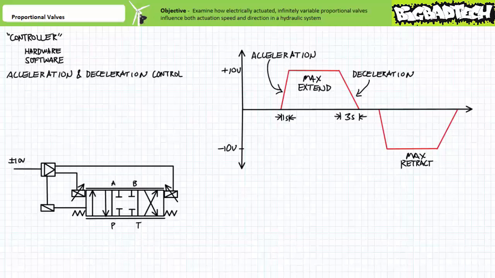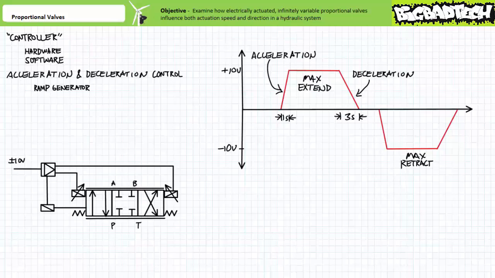This progressive increase or decrease in flow rate also directly lends itself to the controlled acceleration and deceleration of the applied load. The classic application example being the controlled acceleration and deceleration of some hydraulically operated lift, material handling system, or elevator. Ramp generators are part of the proportional valve control circuit that influence the acceleration and deceleration characteristics of a system making use of proportional valves.